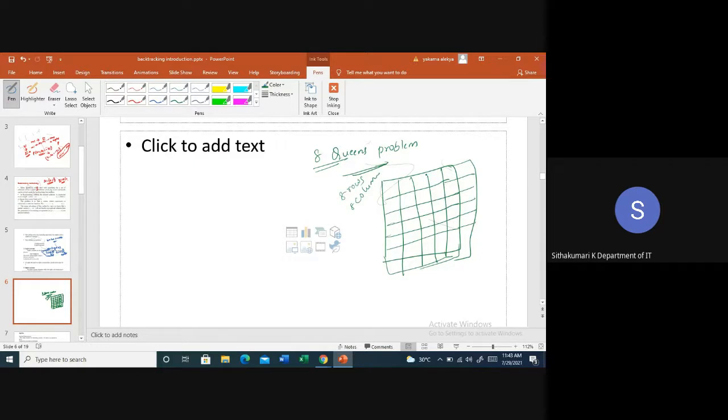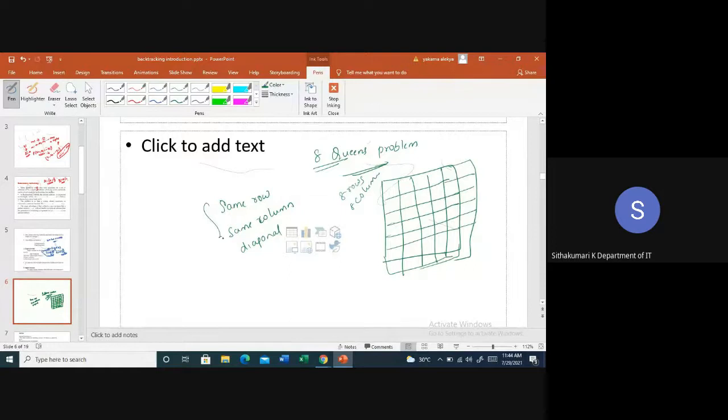What are the constraints? What is the objective function? No 2 queens should attack each other. No 2 queens attacking means no 2 queens should be on the same row, same column, or same diagonal.